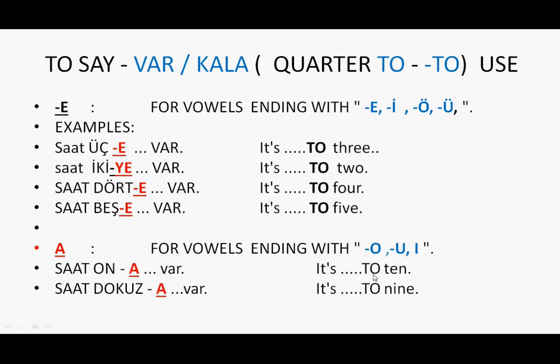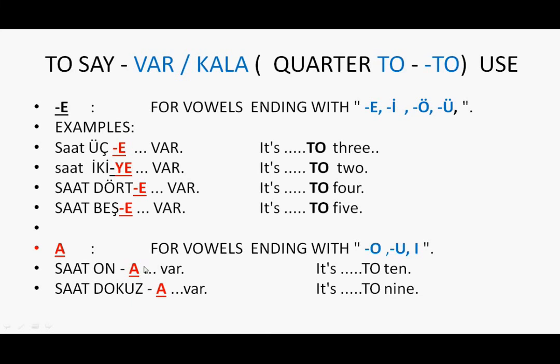It's blah blah to 10. It's blah blah to 9. Saat 9'a blah blah var. Saat 10'a blah blah var. So as you see here, O, U, O, U. Also you can say I.